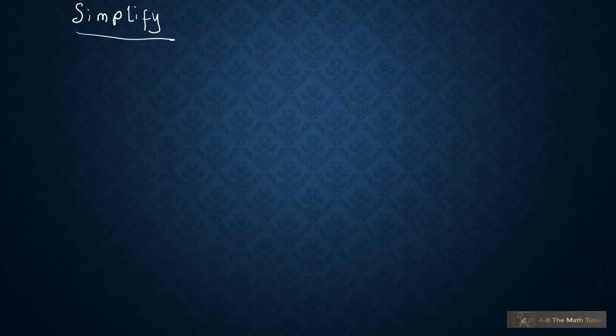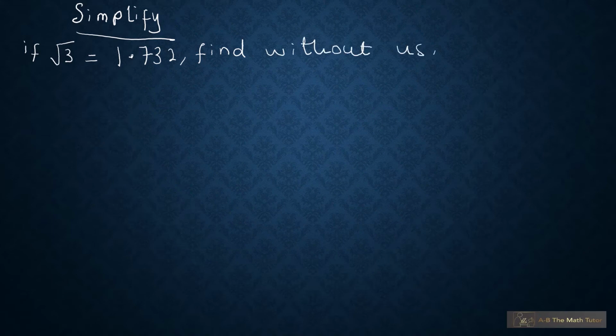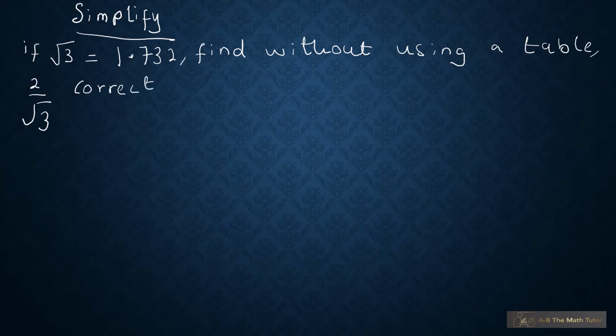Okay, so this one says if root 3 equals 1.732, find without using a table 2 over root 3 correct to 3 significant figures.